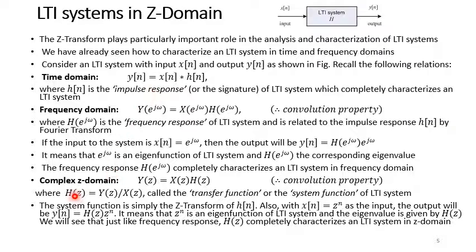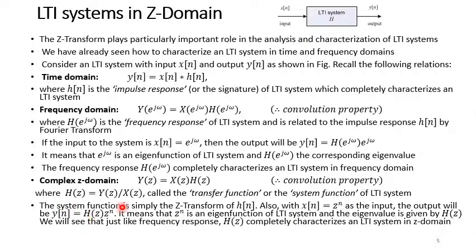So coming to the complex z domain. In the complex z domain, the output is similar to what we have for the frequency domain system, where the output is simply the product of the frequency response times the input signal. So here also the output is simply the product of the input signal times the transfer function H of z, which is also called the transfer function or the system function of the LTI system.